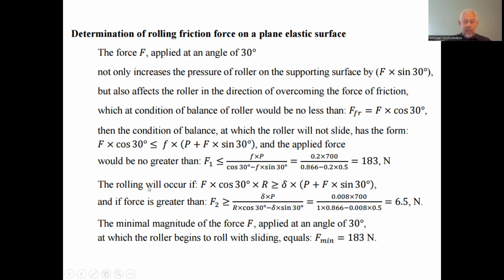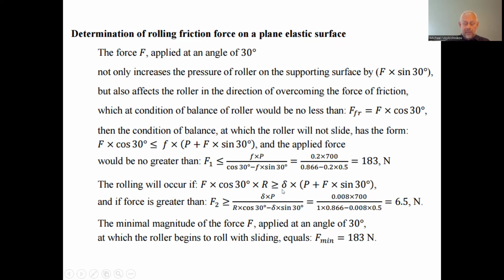So next we will consider the rolling. The rolling will occur if this force, F by the cosine of 30 degrees multiplied by the arm, the arm being the radius of the wheel, has to be more than the rolling resistance, the magnitude of the vertical support reaction, multiplied by delta.